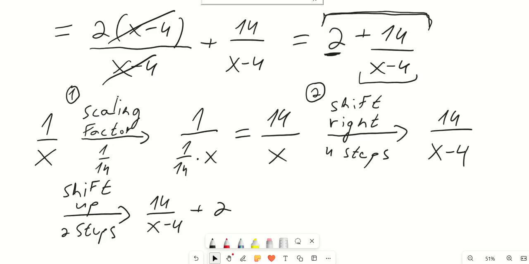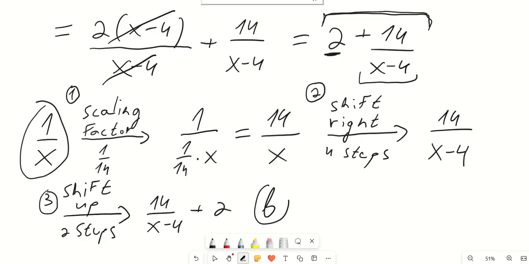So I started with 1 over x. I did 3 transformations: scaling with factor of 1 over 14, second transformation shifting right 4 steps, and the third transformation shifting up 2 steps, and I end up with the same function that I wanted. So this is the answer to part B.